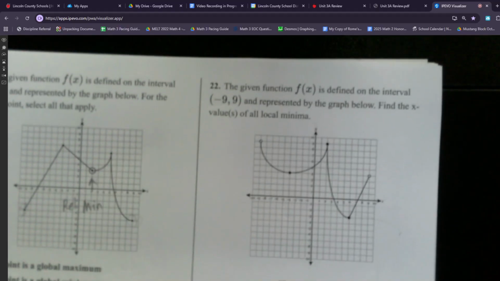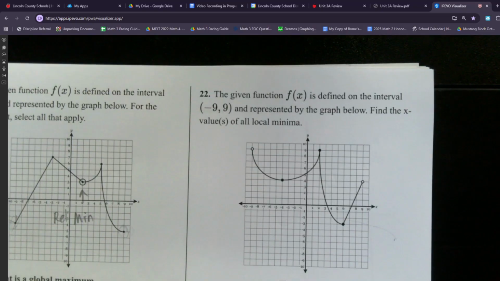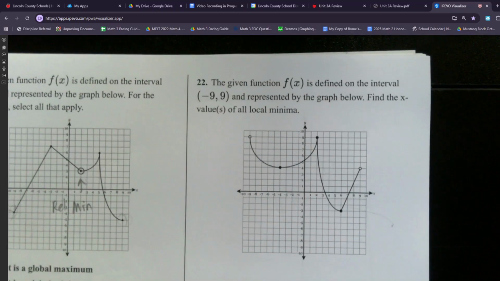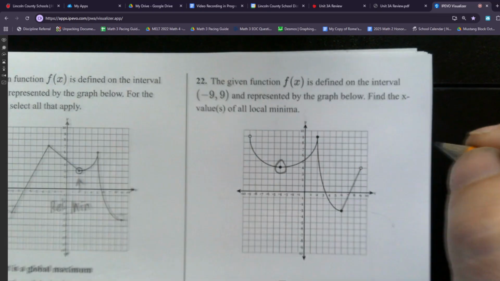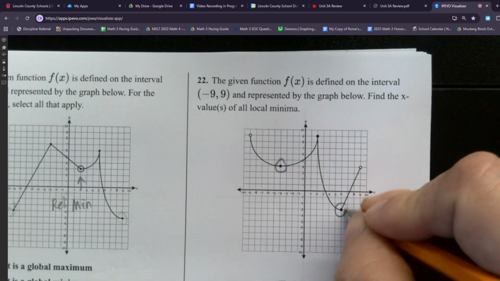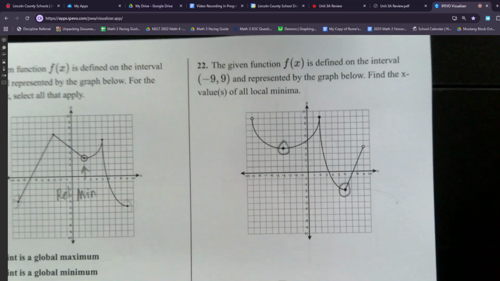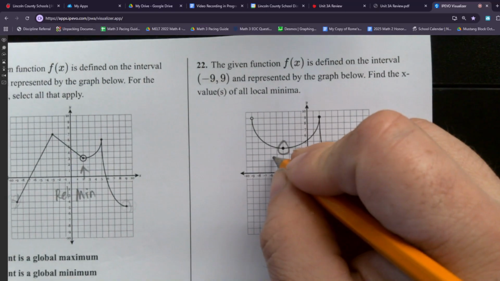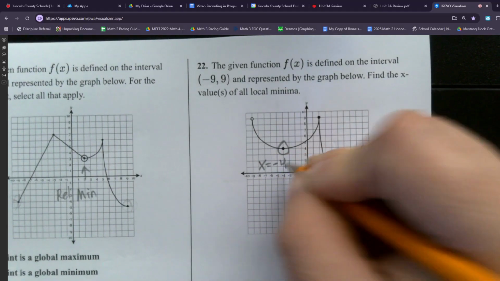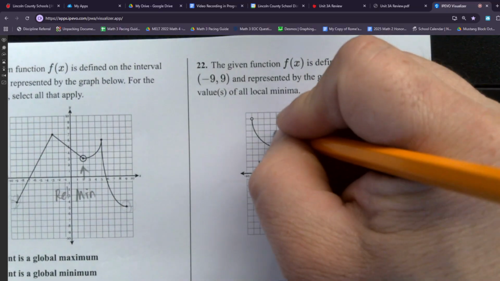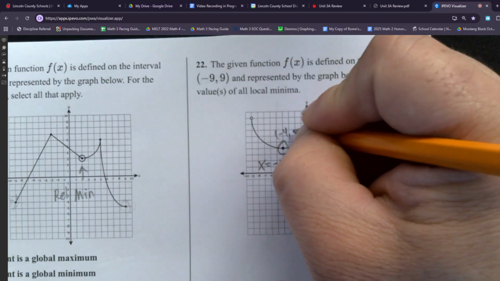All right, the function f of x is defined on the interval -9 to 9 and represented by the graph below. Find the x values for all local minima. There's a local minima. Here's a local minima. Okay, so the x value here is -4, because that coordinate there is (-4, 4).